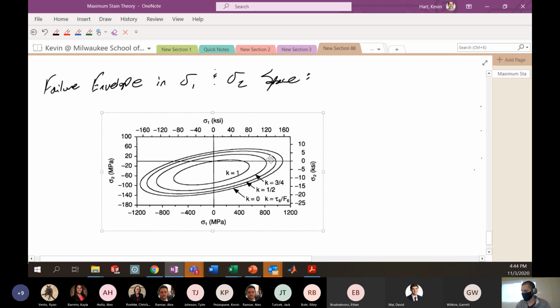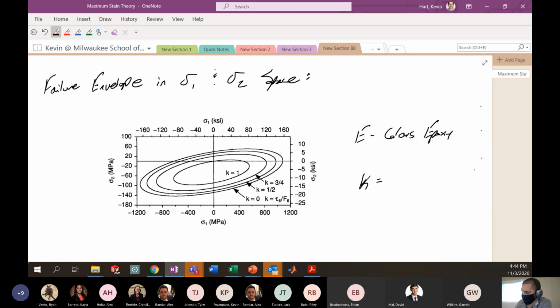This is kind of right from your book. This is E-glass epoxy. And we'll make a note here that this K that they're showing here is an attempt to incorporate how the shear stress might affect the size of this particular ellipse. So here, K is sigma 6 on F6.